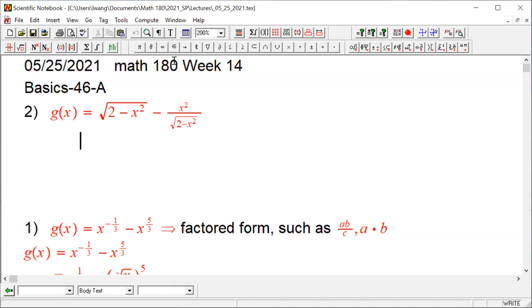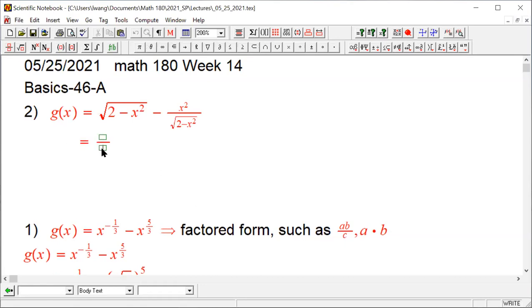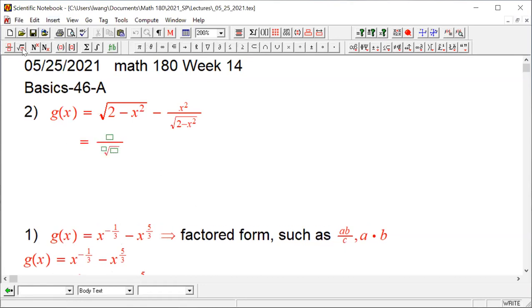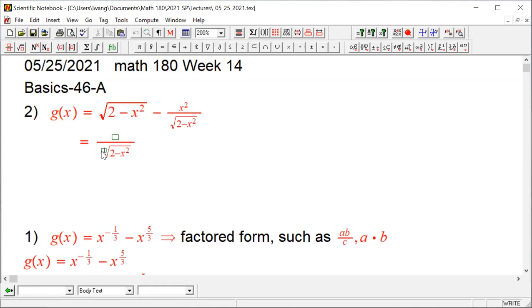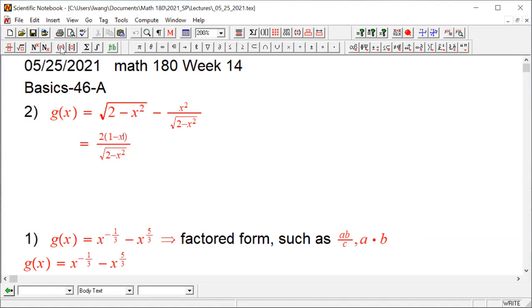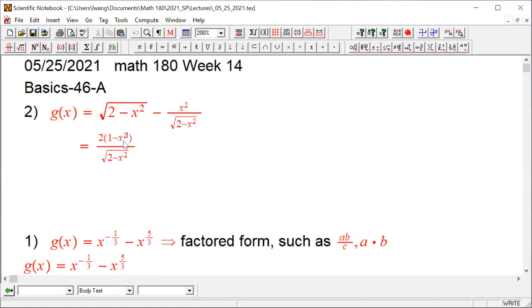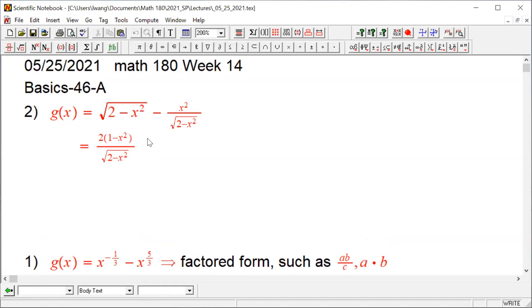We have the answer simplified, so I'm just going to copy his answer right here, whichever form you like. So this is going to be 2 times 1 minus x squared, and we're answering the question for C.